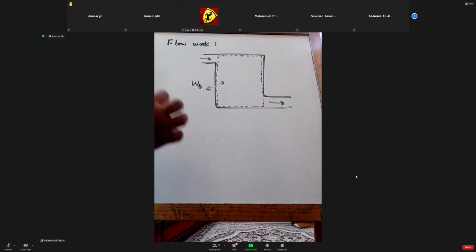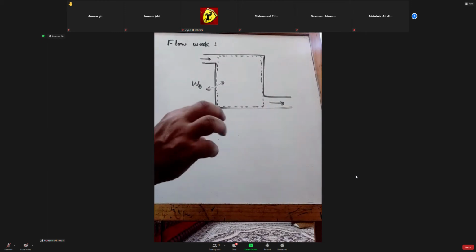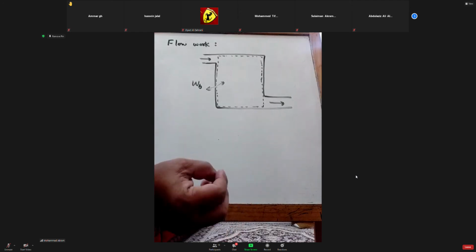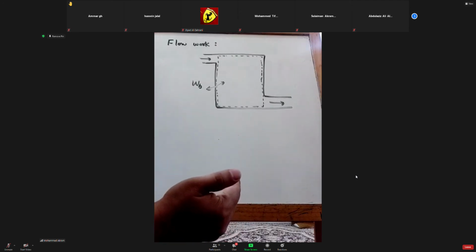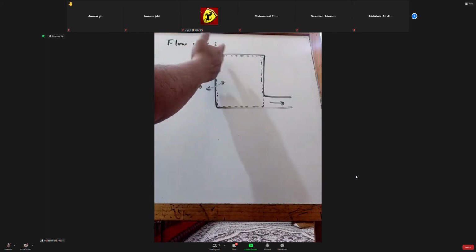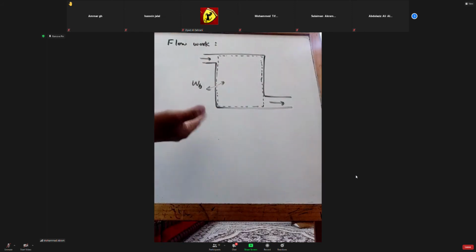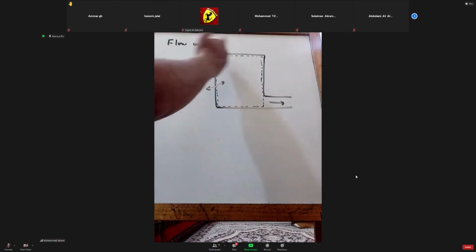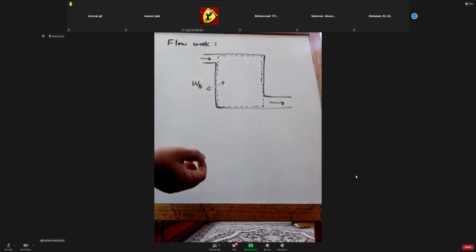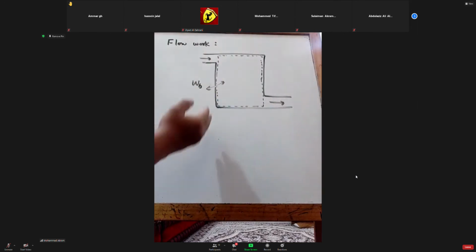Some mass is coming in, so there will be some energy required to push the mass inside. Automatically it will not come, right? Because if, for example, the levels are the same, the pressure is the same, and the velocity is the same, it will not come. If there is a difference, then it will come inside. And what is the main difference?